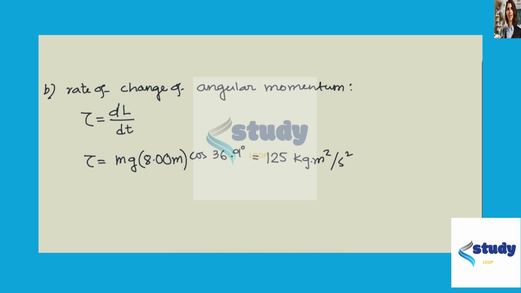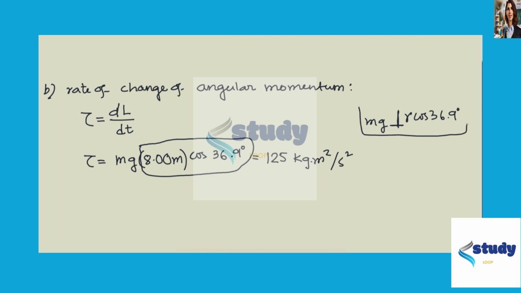That's what we did here. We multiplied mg with the perpendicular component of the radial vector. And remember, this r cosine 36.9 degrees is perpendicular to mg, so only this part will have a contribution to the torque.